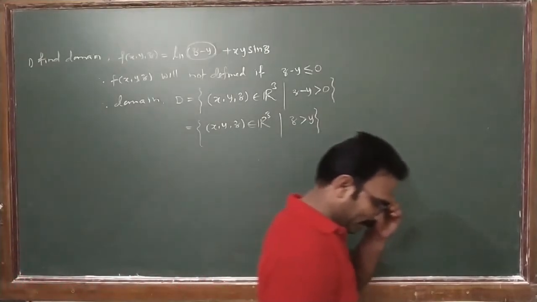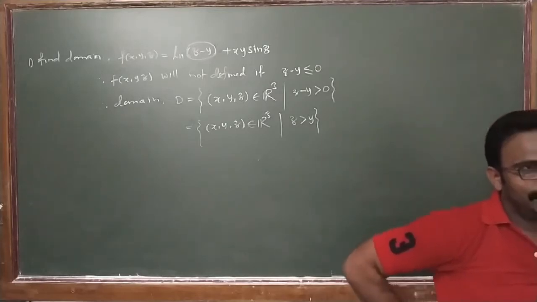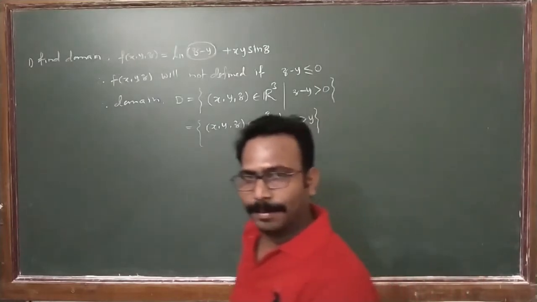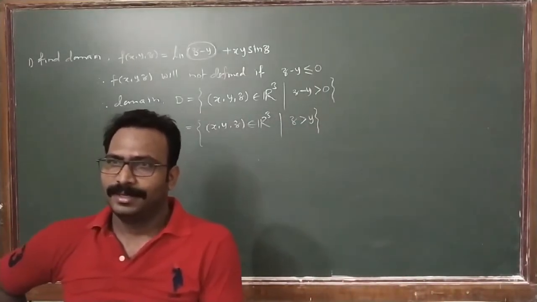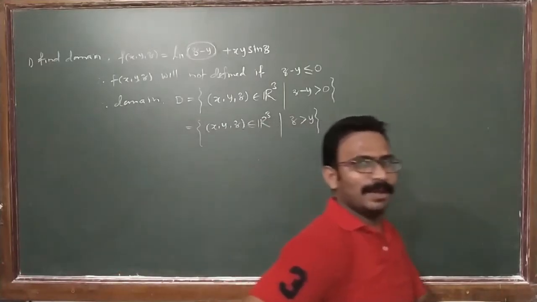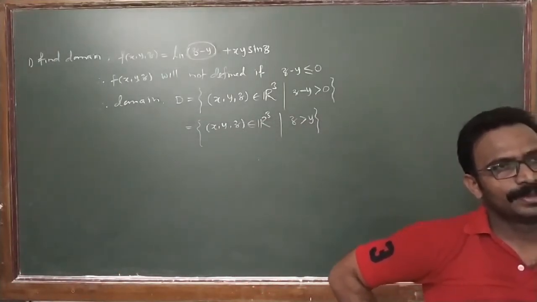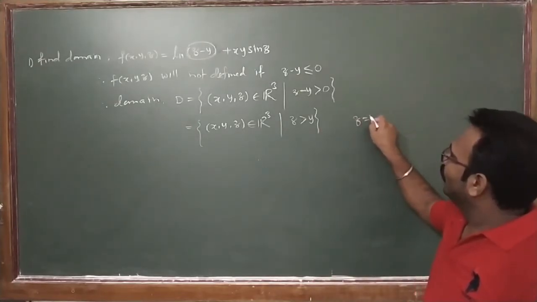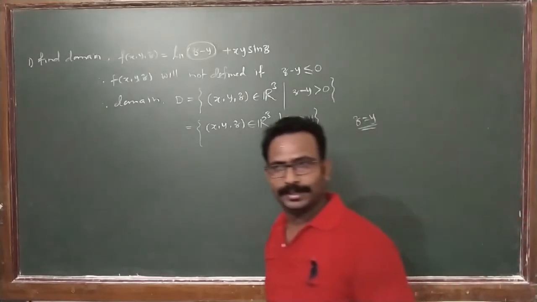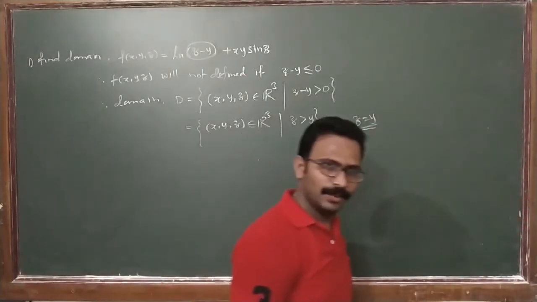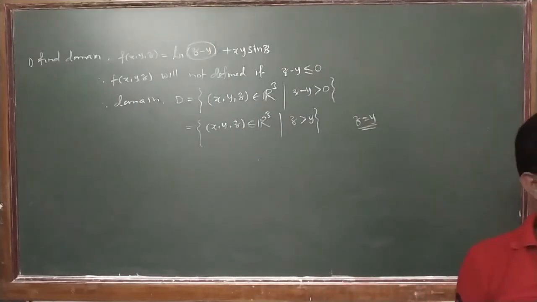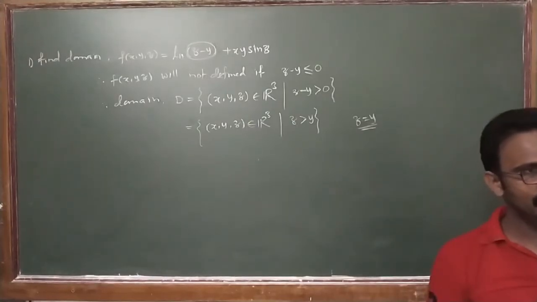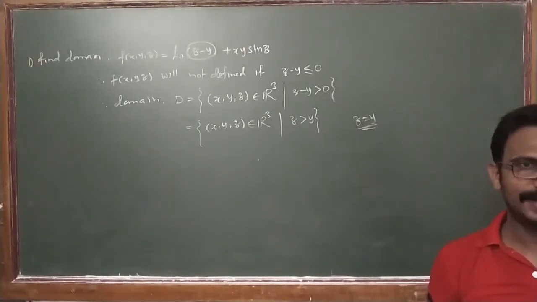In R3 we have 8 octants, 4 in the upper half, along the positive z axis, and 4 below the xy plane, along the negative z axis. For this we need to at least visualize the plane z equal to y, and then differentiate the two parts, the part in which z is less than y and the part in which z is greater than y.